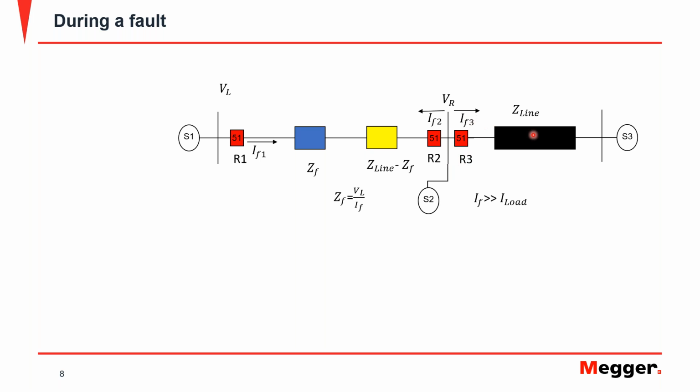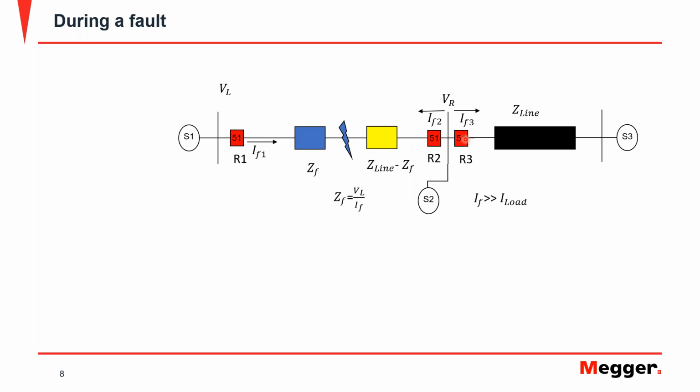If we introduce a fault into the line at this point here, this relay is definitely going to see an increase in the current. This relay here is also going to see an increase in the current because of the fault.